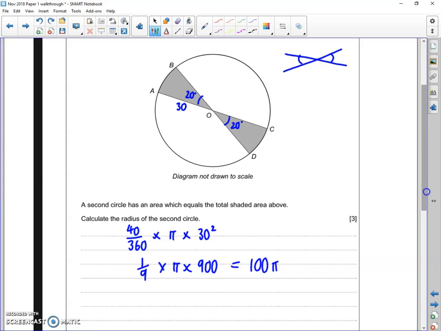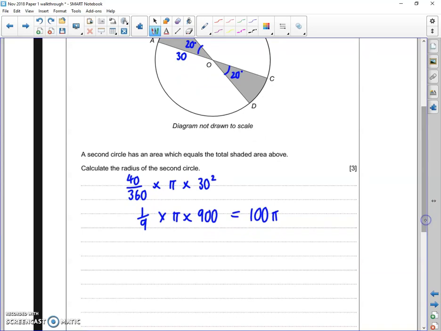Then it says we've got a second circle whose area is the same as the shaded section above. So this is now a different circle. The formula for a circle is pi r squared, but it's got the same area, which is 100 pi. The pi's just cancel out, which is the benefit of leaving it in terms of pi.